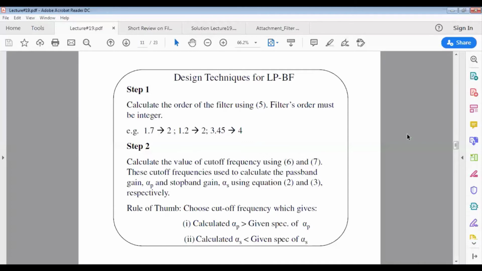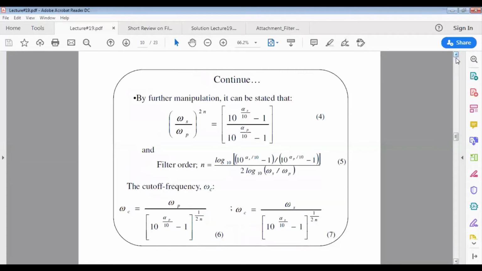So from equations 6 and 7, if you can recall from the previous slide, we are supposed to get 2 cutoff frequencies.